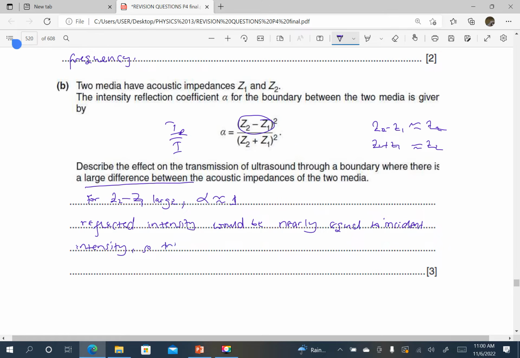So the transmitted intensity would be too small.